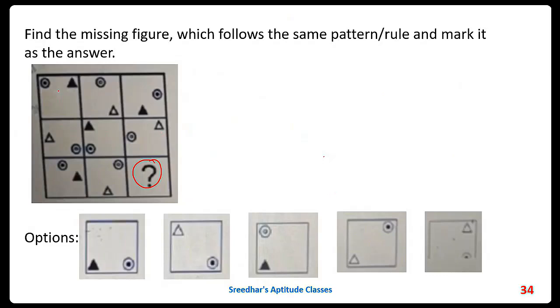If I see the position of this circle, it is shifted one place in the clockwise direction, and then again two places in the clockwise direction. Plus one, plus two.